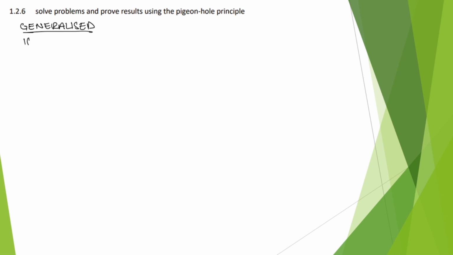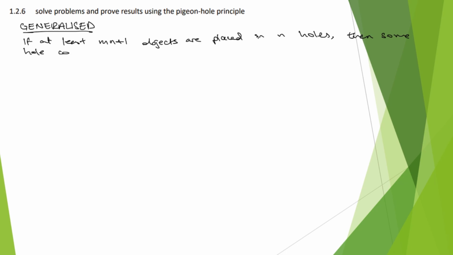So if at least mn plus 1 objects are placed in n holes, then some hole contains at least m plus 1 objects.